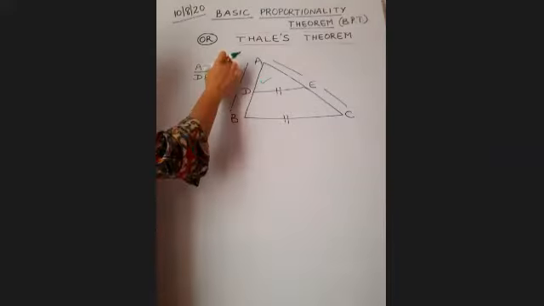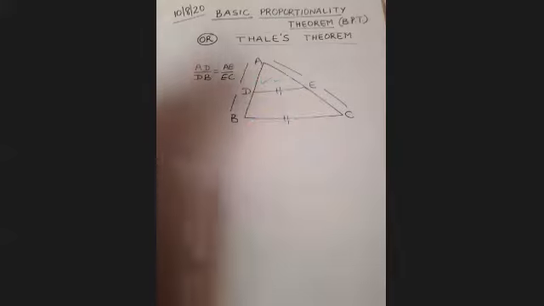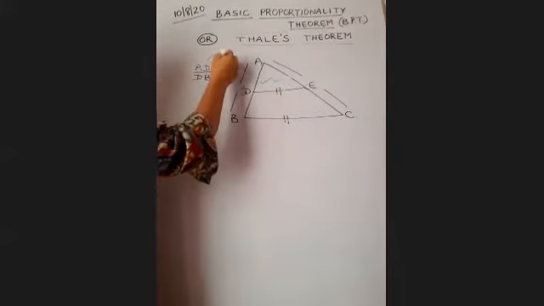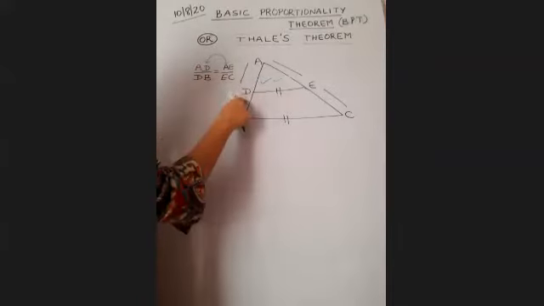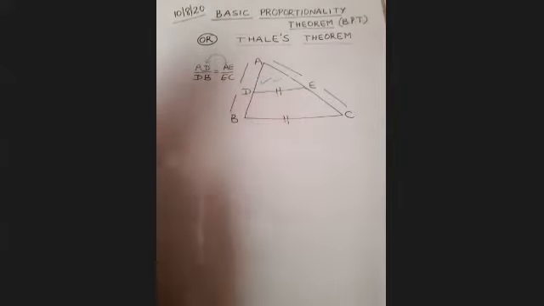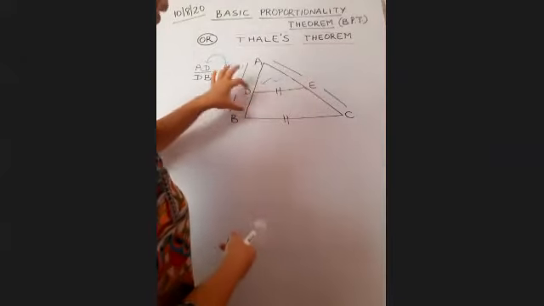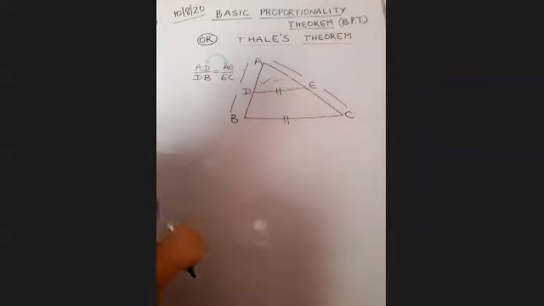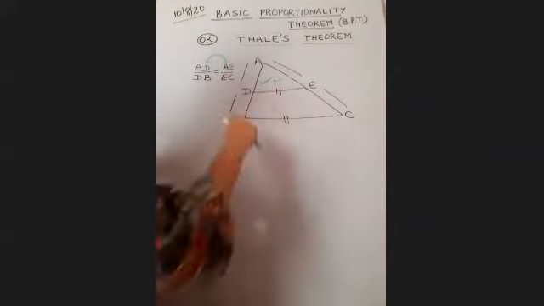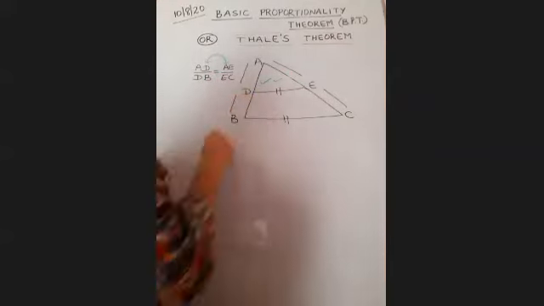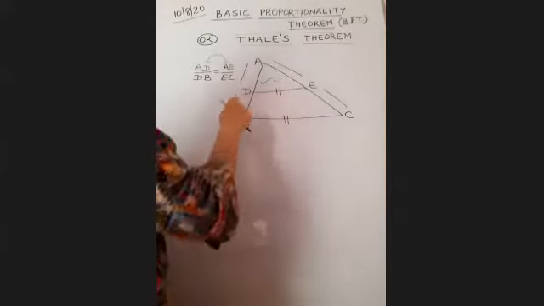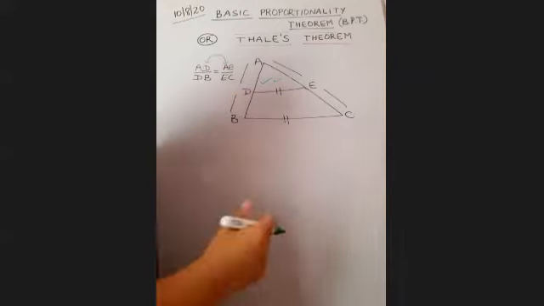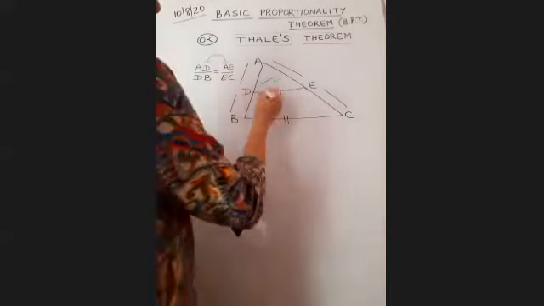Same triangle only. So these two are of the same triangle. What about DB and EC? Are they the sides of any triangle? No, ma'am. DB is not a side of a triangle, beta. So what we are going to do is, we are going to do a construction. We will join these two.